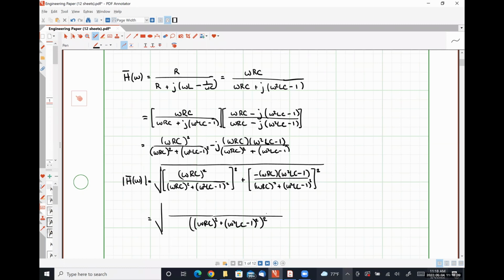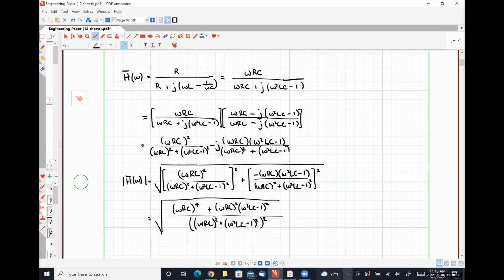My numerator is going to look like omega RC to the 4th power plus omega RC squared times omega squared LC minus 1 squared.